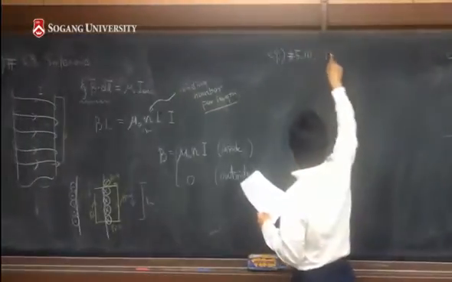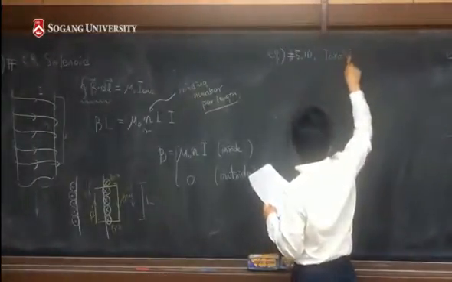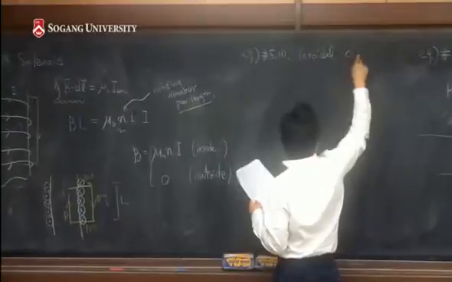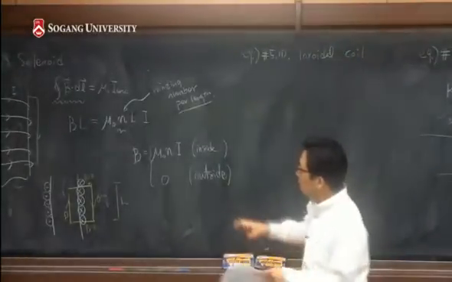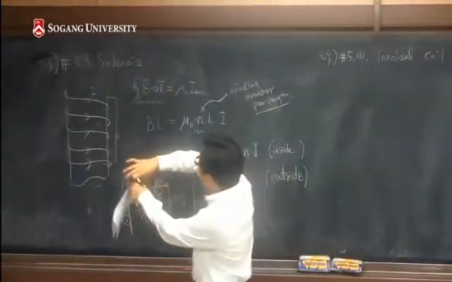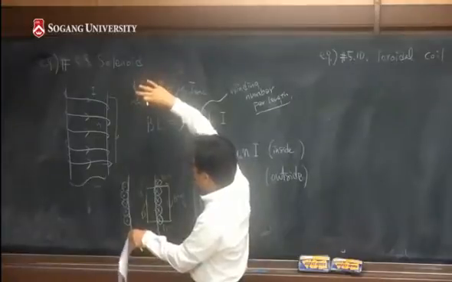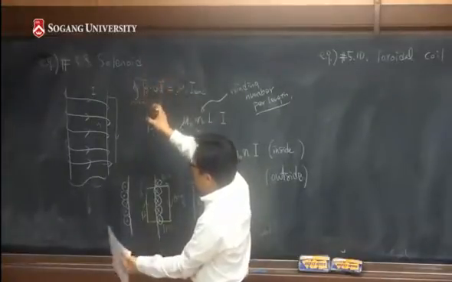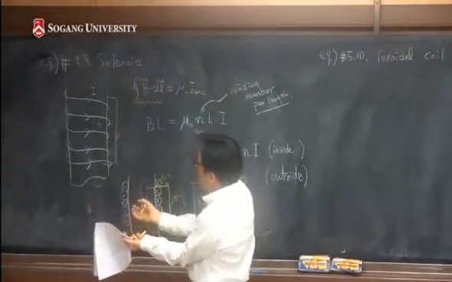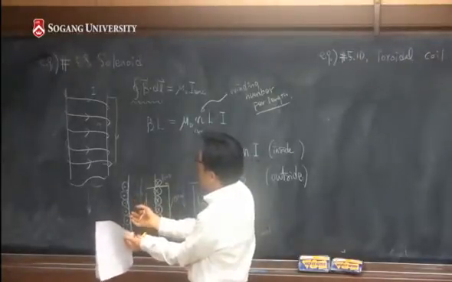If you have a finite length of solenoid, and you bend it and stick its head and tail together to make it round, that's what we call the toroidal coil.